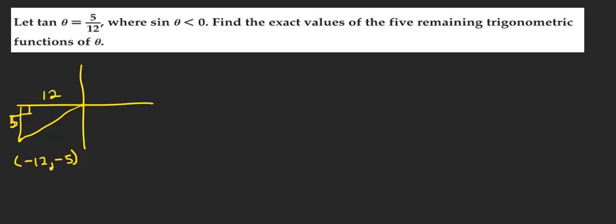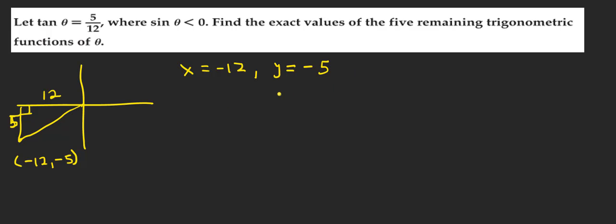Since negative divided by negative is positive. And in the third quadrant, both x and y are negatives. So we have x equals negative 12, y equals negative 5. And we need to find r.